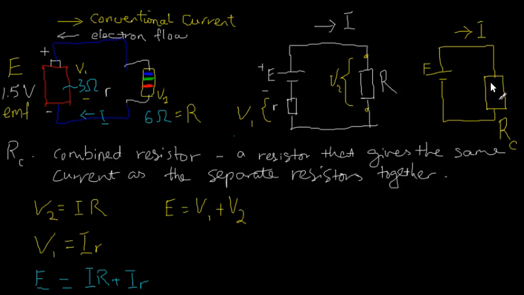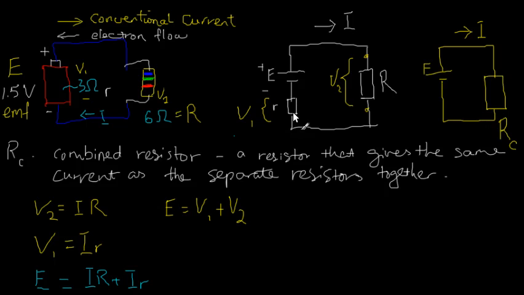Let me now move over to the combined resistor. The relation for the combined resistor and the current and voltage. In this case, there's only one voltage, which is the EMF. Right? The same voltage will appear across here.